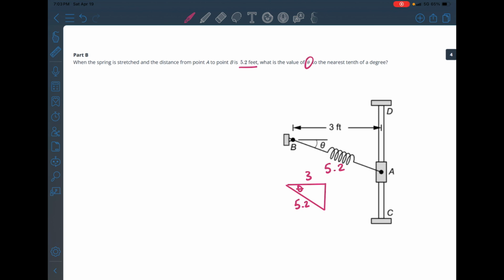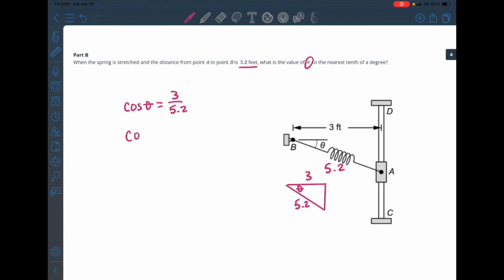When we're looking for an angle, we know we're using that second button on the calculator, because we're trying to find the angle. It's the same sides, adjacent and hypotenuse. So we know that cosine of theta equals 3 over 5.2. When we know what the cosine is, we have to find the angle.